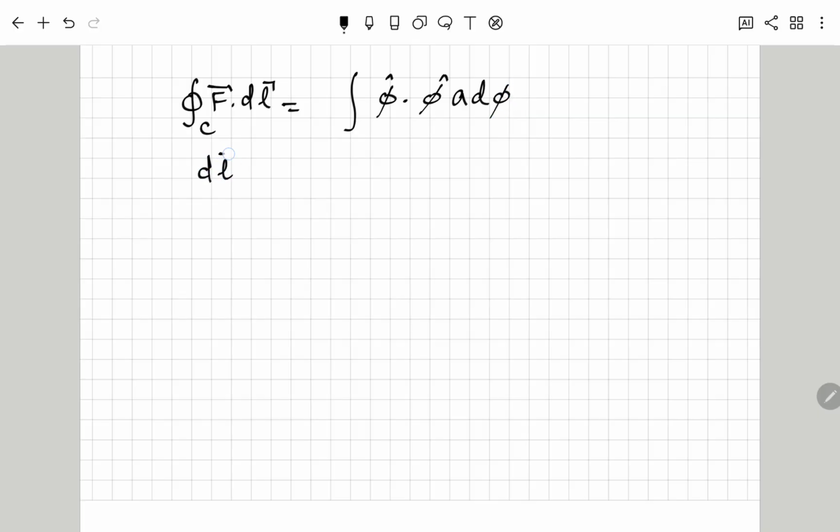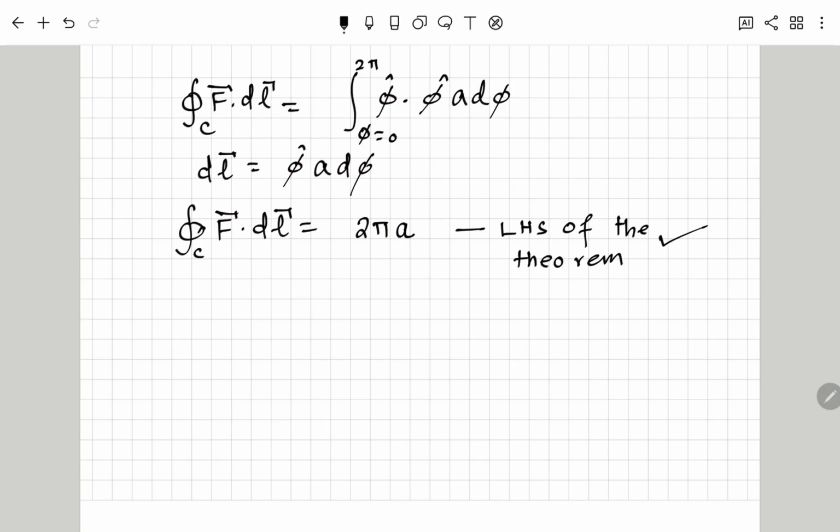The length element dl on a circular path of radius a will be phi cap a d phi, and the limits for phi will run from 0 to 2 pi. So the integral of F dot dl over this turns out to be simply 2 pi times a. So this is the left hand side of our theorem.